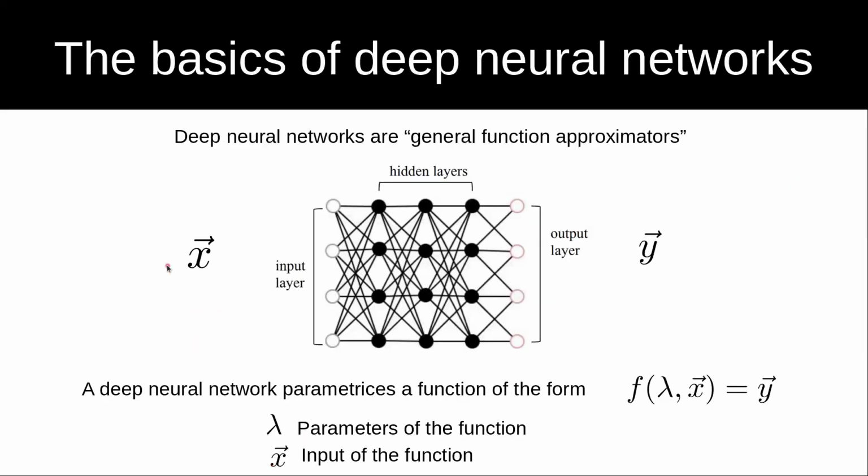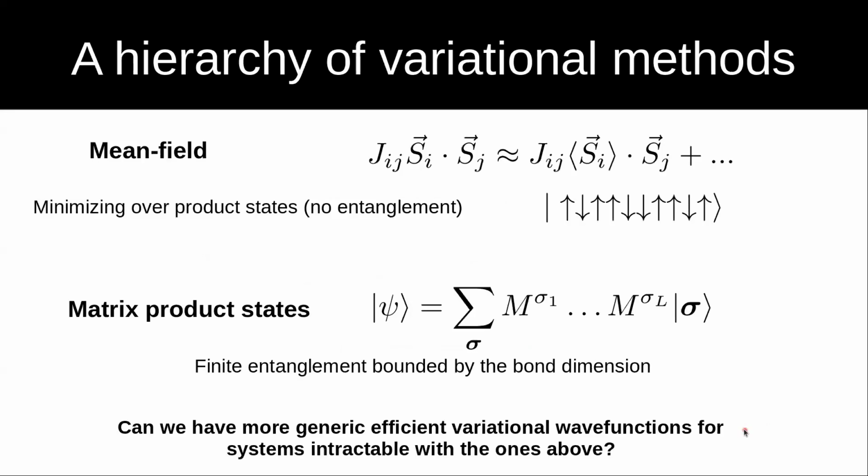In general, deep neural networks map a very specific input X to a very specific output Y, and they have a set of parameters inside the function. In mathematical form, you essentially say that the neural network is a function that depends on the parameters lambda and the input X and gives rise to an output Y. And now the idea is that this type of ansatz may allow you to parameterize a many-body wave function. That is essentially the idea of neural network quantum states.